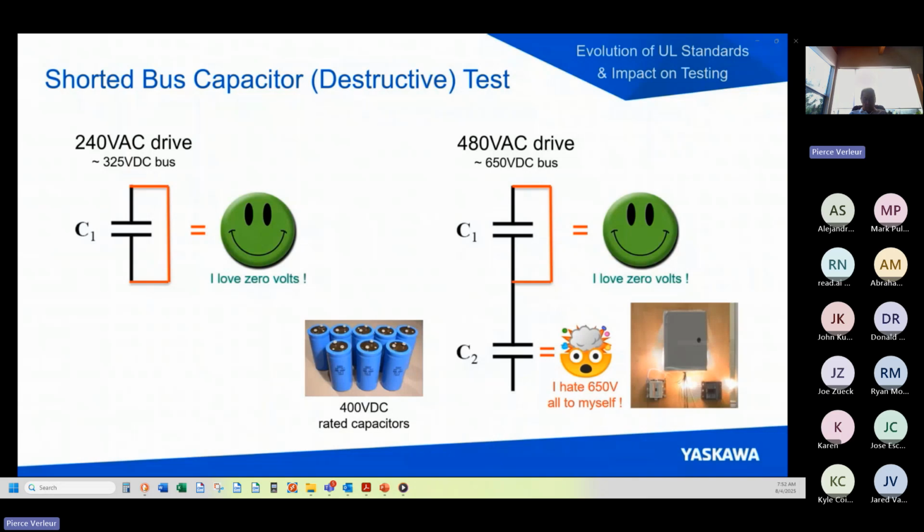But the capacitor that's connected in series to it doesn't like it at all, and the result is severe. Again, 400 volt rated capacitors, you're applying 650 volts nominal typical DC to that capacitor, and it doesn't survive, and the event is severe.